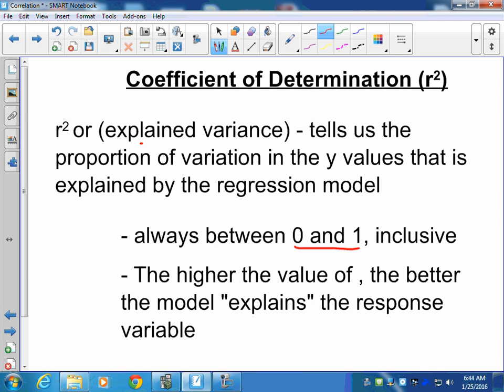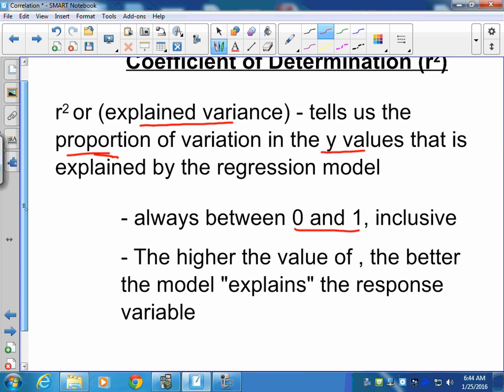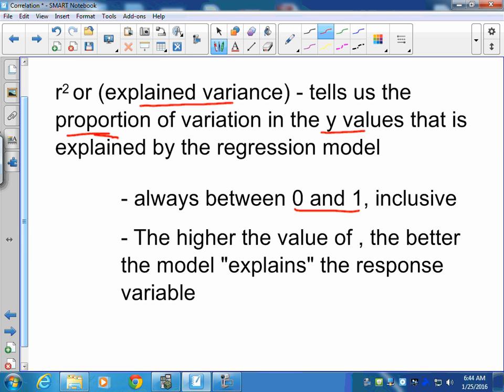But it's really, and I think this is one of the best terms I've seen, the explained variance. It tells us what proportion, so this is actually a proportion or a percentage calculation of the variation in the Y values. So now we're talking about our vertical variation that is explained by our least squares regression model. So the higher the value, the better the model explains the response.